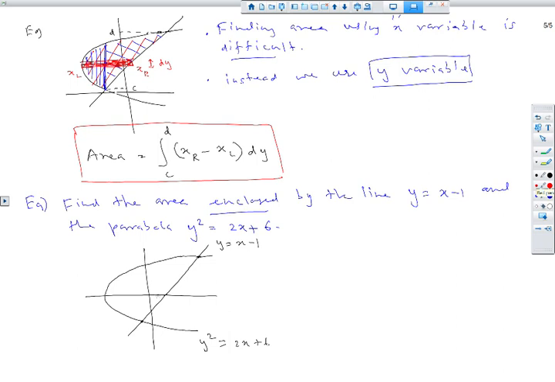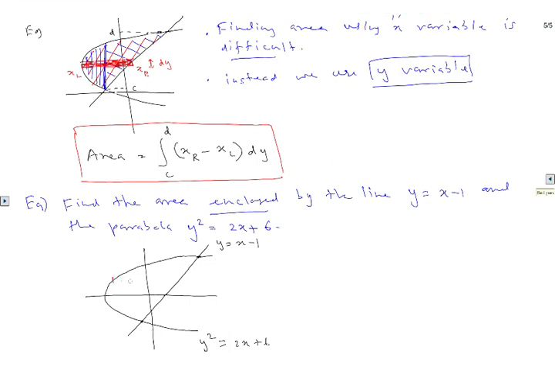If you draw a typical rectangle, it looks like that. So the height is along this way now. The width is dy. It's not dx anymore, it's dy, because we're going up and down this time.